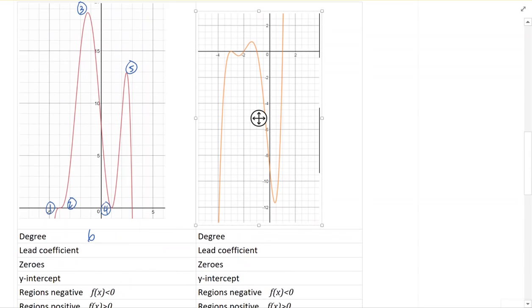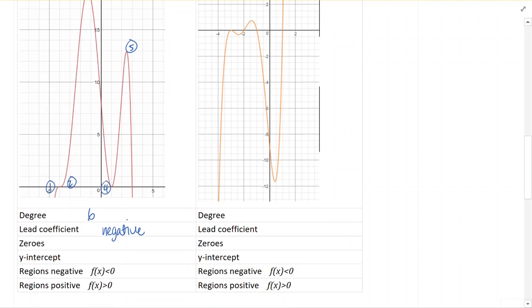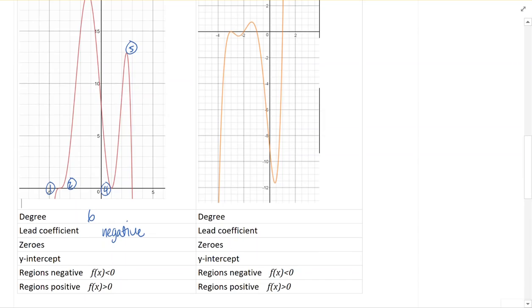Since it's degree 6, for the leading coefficient, this one is an even degree, and when you think about it, it's basically opening downwards. So if it starts in quadrant 3 and ends in quadrant 4, this is negative. It's a negative leading coefficient. That's all we know. Zeros. How many zeros do we have, and where are the zeros?